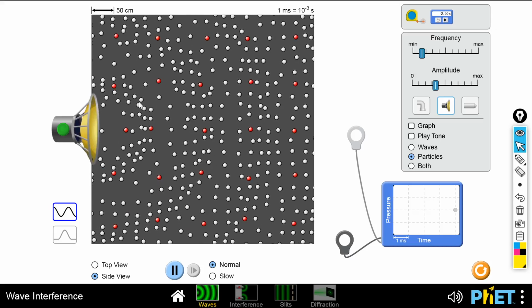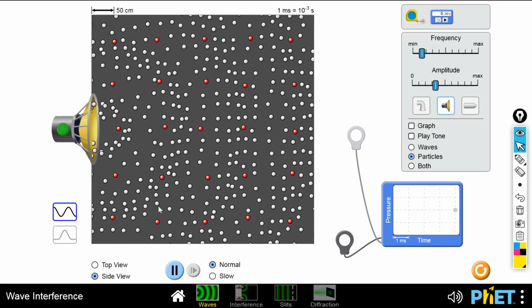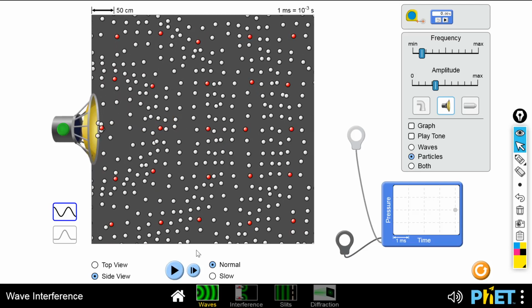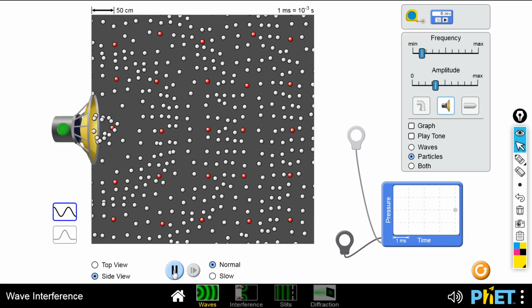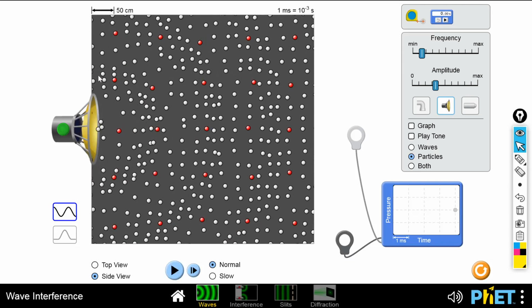The high pressure regions correspond to the particles being close, and the low pressure regions we'll just pause this for a second. Now that wasn't a very good spot, but let's try to do one where it's easy. Yeah. So right close to the speaker at this point in time, there's a low pressure region, a high pressure region, a lower pressure region, a higher pressure region, a low region.